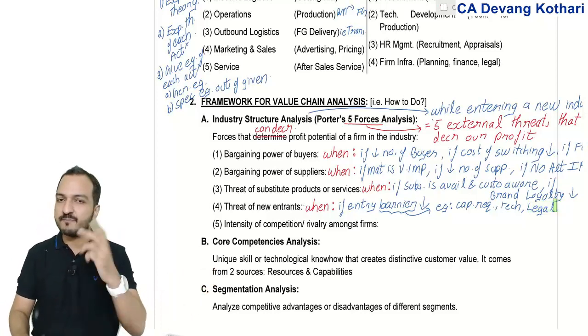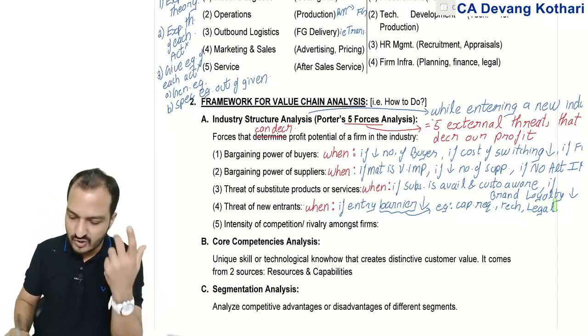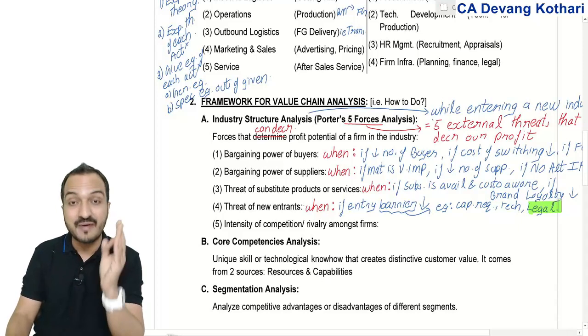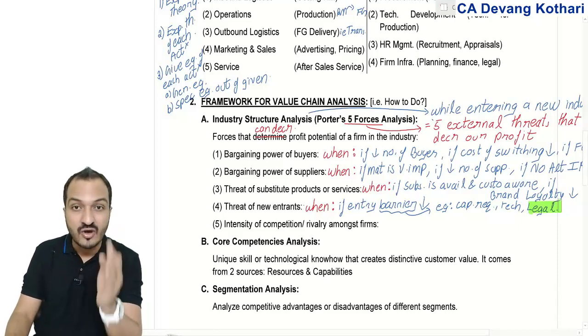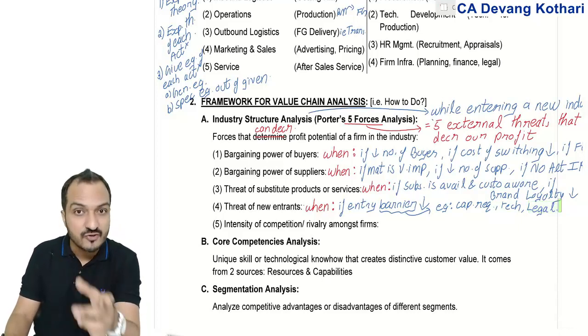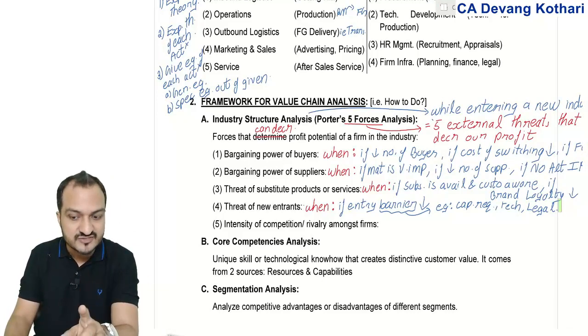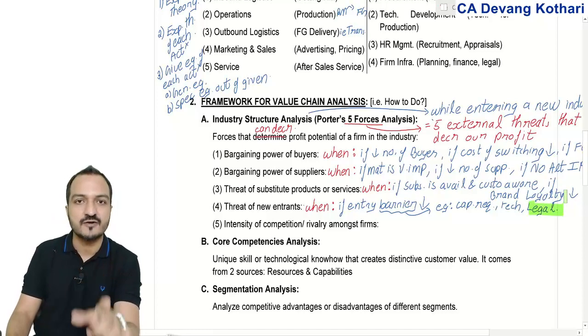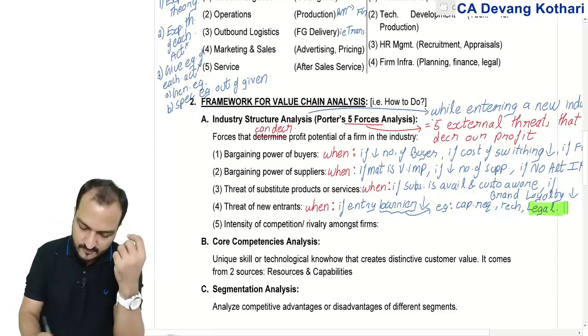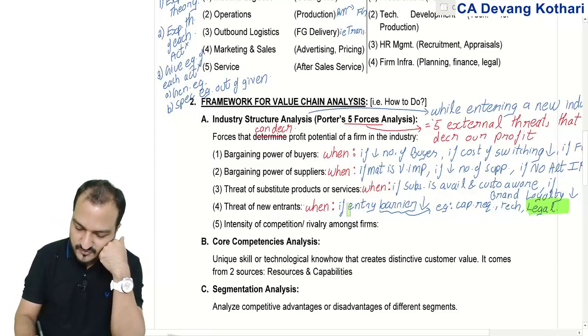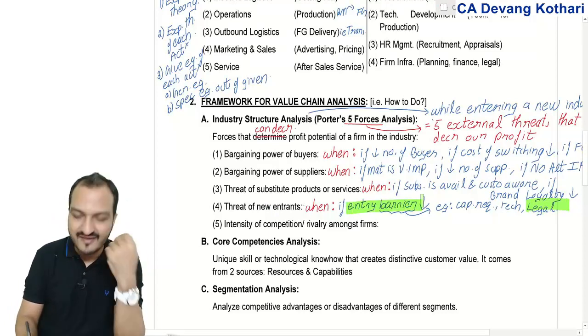Everyone cannot start practicing as a chartered accountant because legal barriers are there. You need to be a qualified, practicing chartered accountant, and you have to pay the membership fees regularly in order to be listed as a member of the CA Institute. Then only you can practice as a chartered accountant, right? That is called legal barriers. In short, all these are the entry barriers.